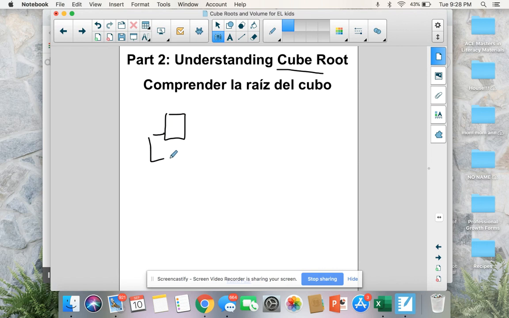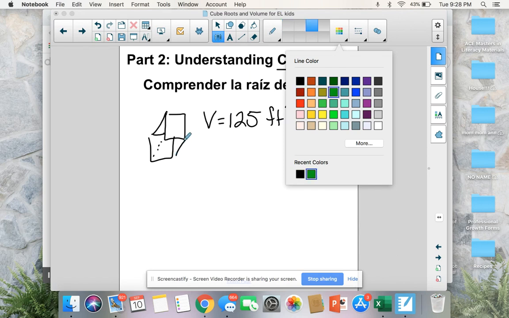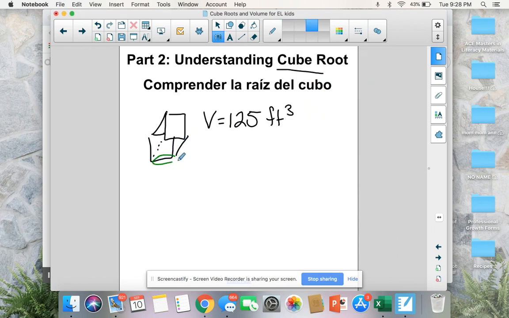So if I have this cube right here, and its volume is 125 feet cubed, what I don't know right now is what this side length, or any side length, is.